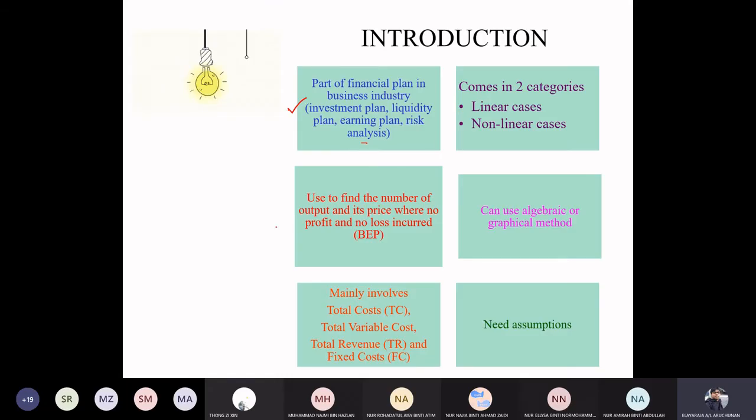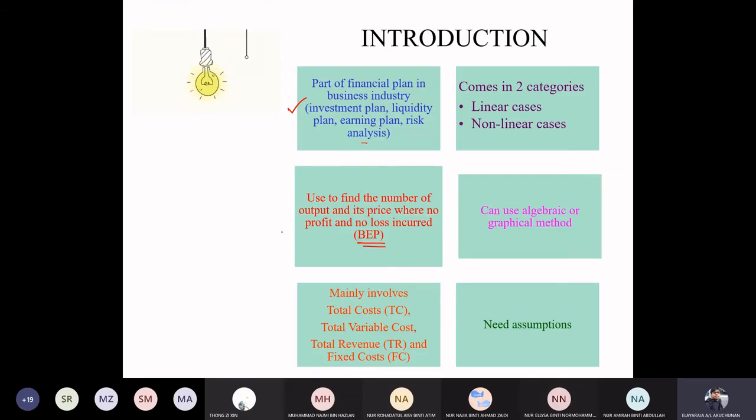You use it to find the number of outputs and the price at which no profit and no loss is incurred. This is called the break-even point. Say your business is going to fail for some reason, but you do not intend to lose your money.